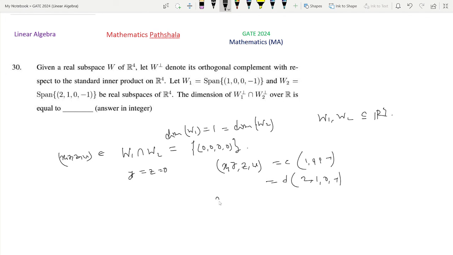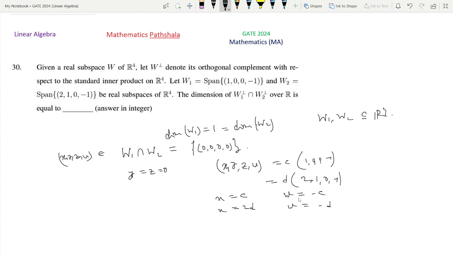So from here we have x equal to c and x equal to 2d, and for the fourth component, w equals minus c, and also w equals minus d.